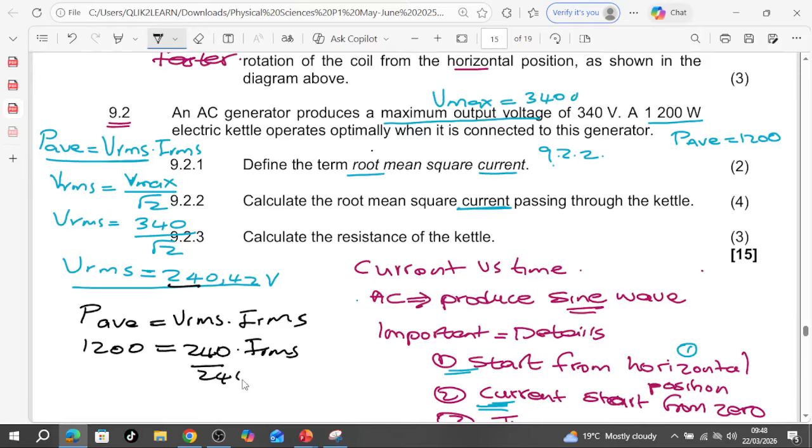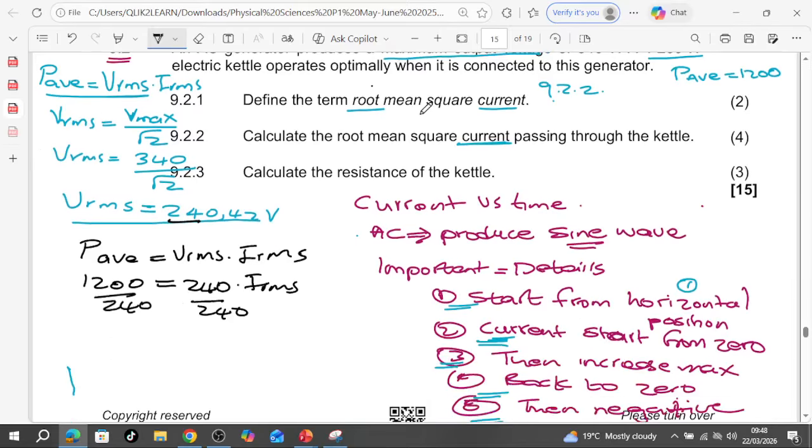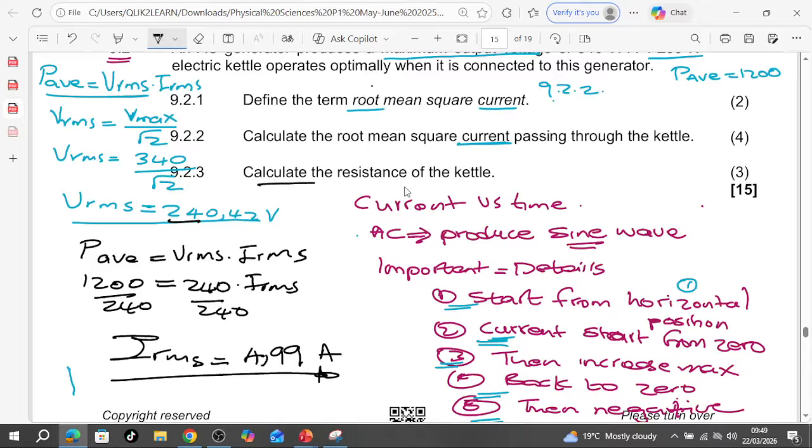Divide both sides by 240.42. Then whatever you get is your IRMS. When I punch this on the calculator, 1200 divided by 240.42 gives me 4.99 amperes. And that's it.